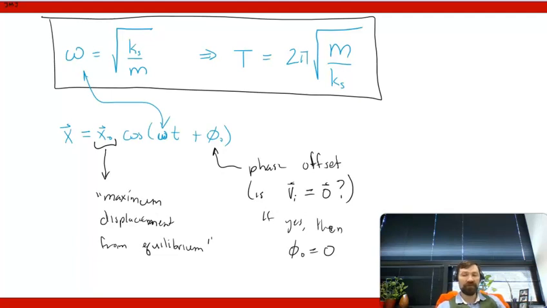If no, then we need to know the direction and magnitude of that velocity, or else we need to know a position at some later time, preferably while also knowing what the frequency is in order to fully solve for phi naught. All right, so let's work an example to end today's video.